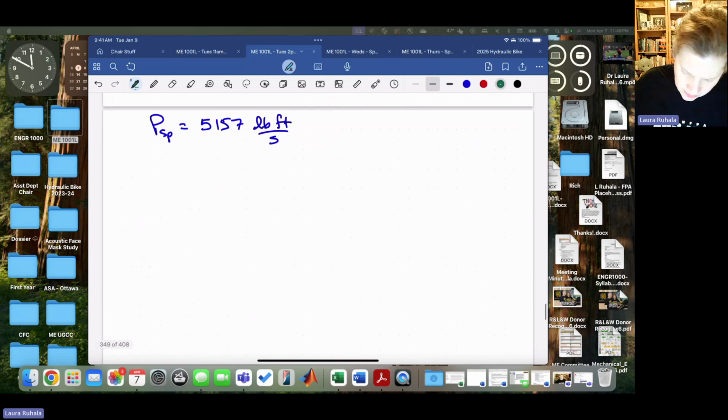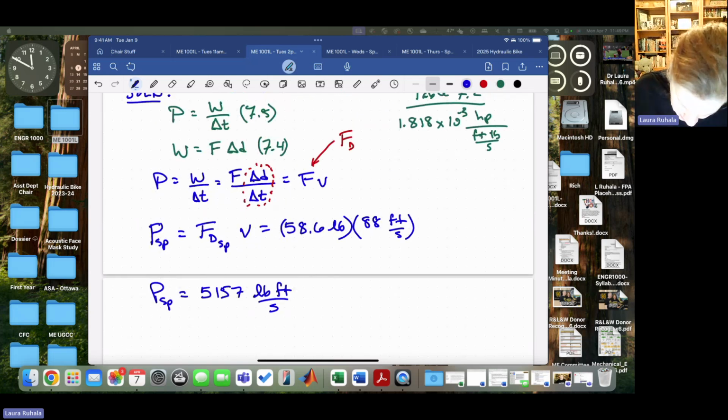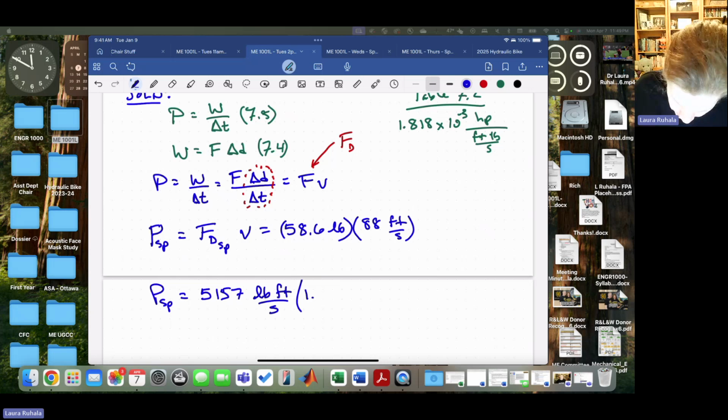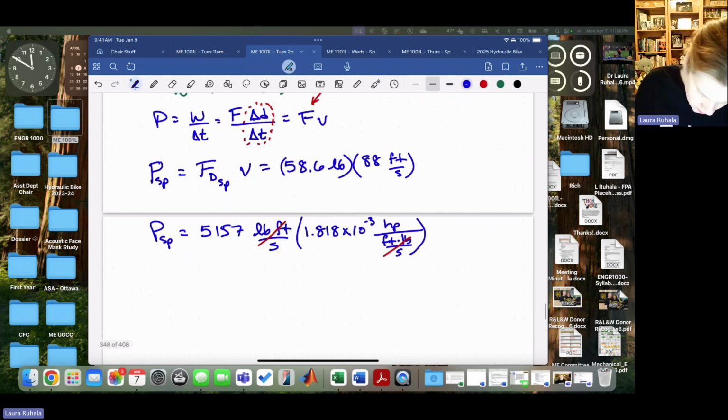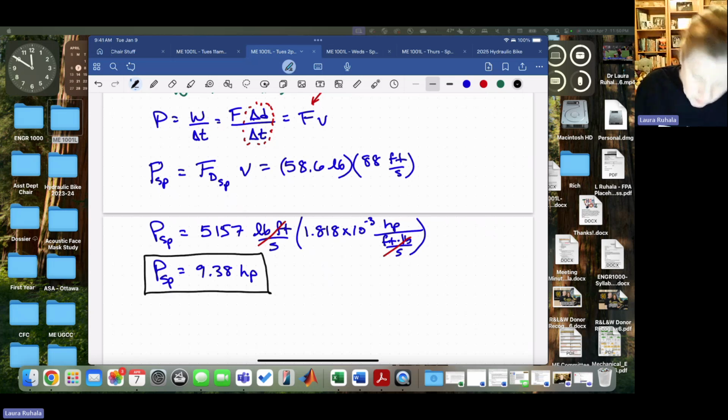Okay, so I'll put that in right here. So I'm going to multiply that by 1.818 times 10 to the minus 3 horsepower per foot-pound per second. Okay, so then those cross out, and the power in the sports car is 9.38 horsepower. We're halfway there.